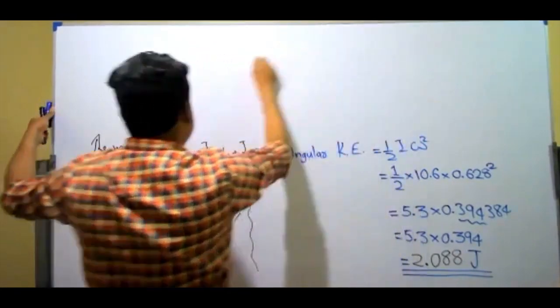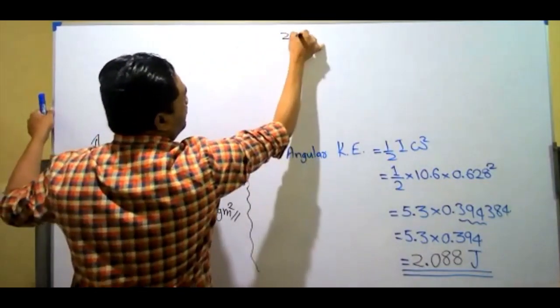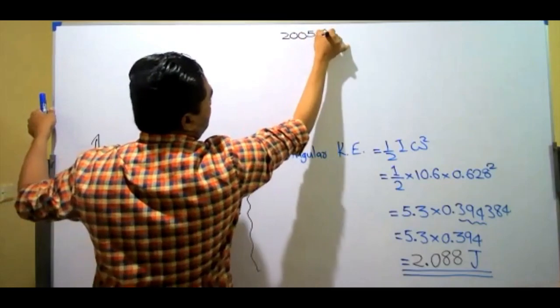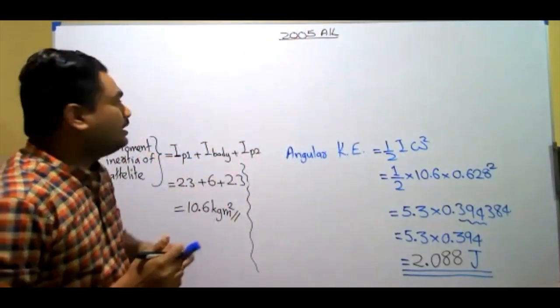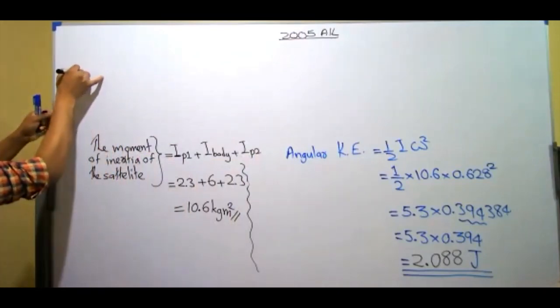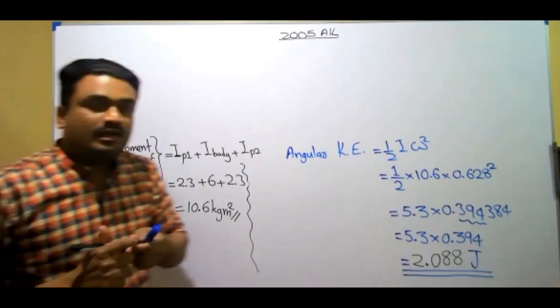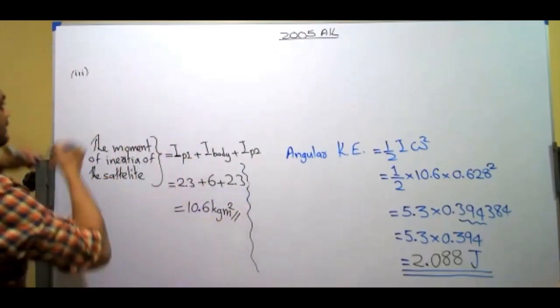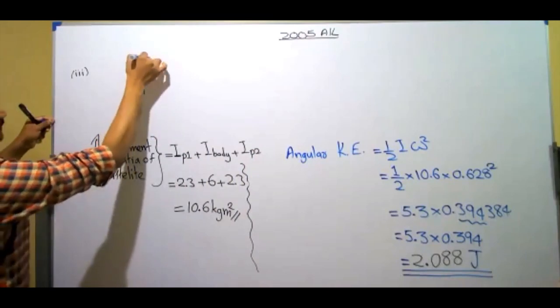Right. We are discussing the 2005 first essay question, which was given from the mechanics lesson. In Roman number 3, they have said that, listen here, this is the cylindrical body of the satellite.